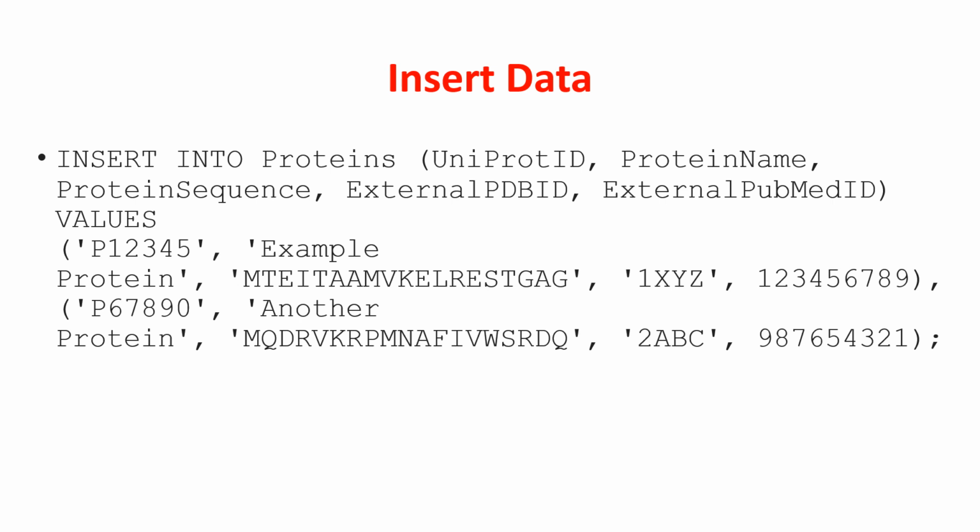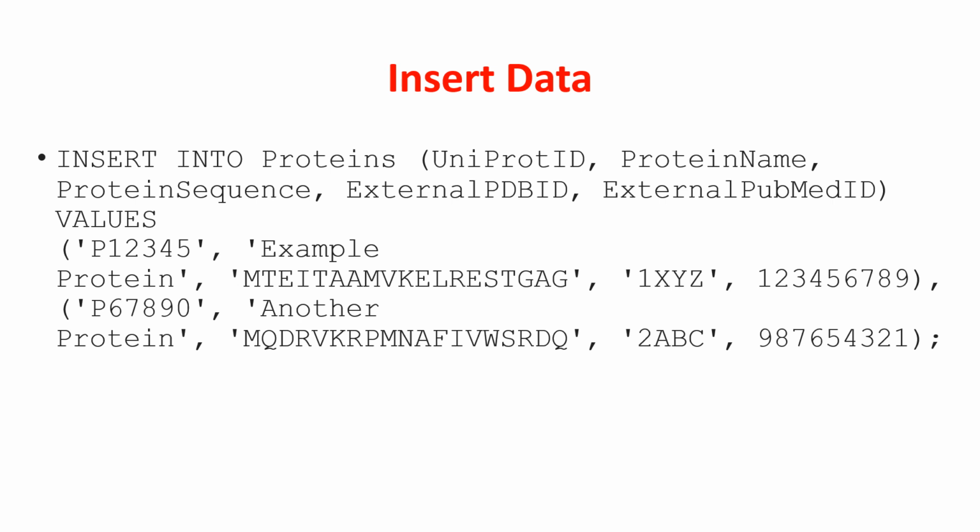We repeat for the second set of values. The UniProt ID is the first within that parenthesis, that is P67890. The second is for the protein name, we have another protein.